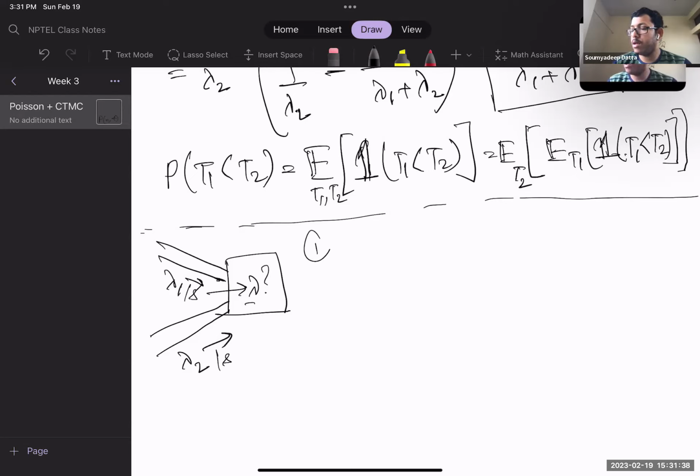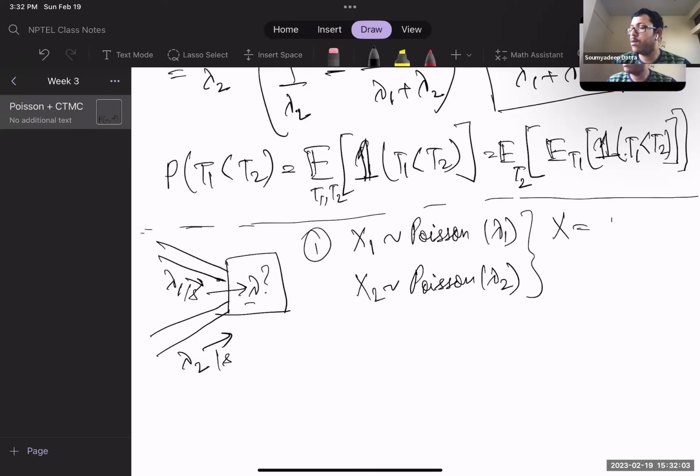So the first question really is, will the sum total be Poisson? Let's say you have two processes: x1 varying as Poisson lambda 1, and x2, the number of arrivals from the second workflow, arriving as Poisson lambda 2. What you really want to find is x equal to x1 plus x2. You want to characterize this sum total of both of the processes.